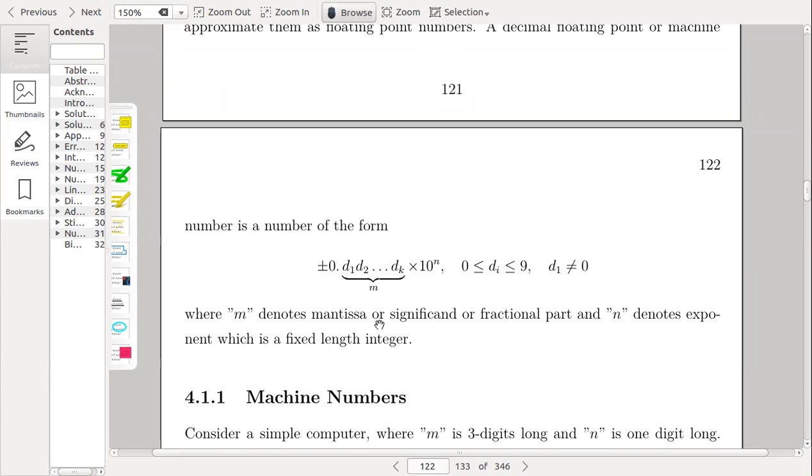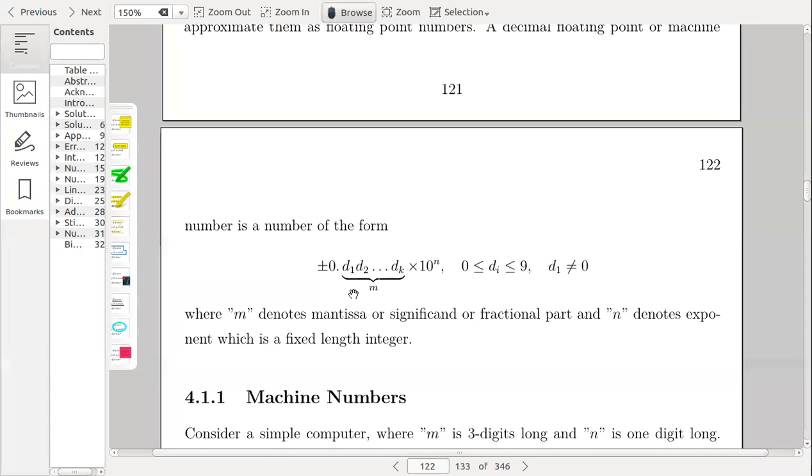It means d1 can have a value from 0 to 9, d2 can have a value from 0 to 9, and so on, whereas d1 cannot be 0.